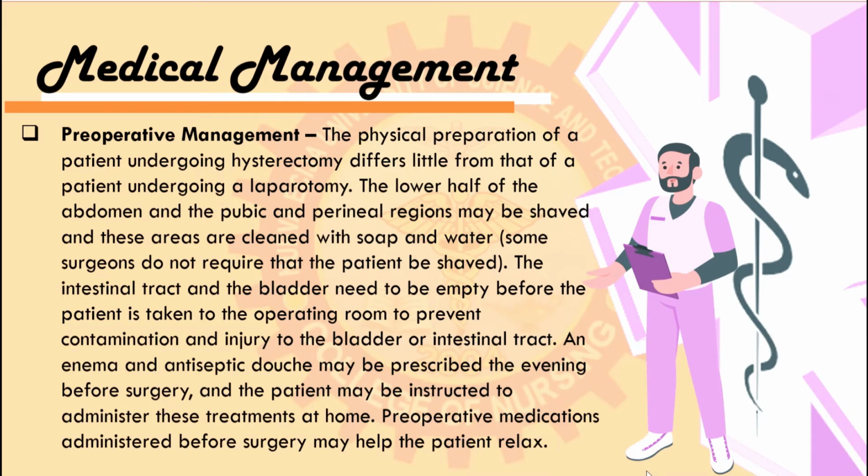The intestinal tract and the bladder need to be empty before the patient is taken to the operating room to prevent contamination and injury to the bladder or intestinal tract. An enema and antiseptic douche may be prescribed the evening before surgery, and the patient may be instructed to administer this treatment at home. Preoperative medication administered before surgery may help the patient relax.